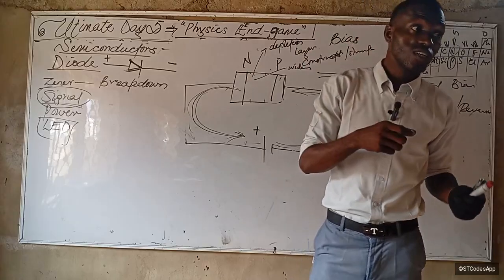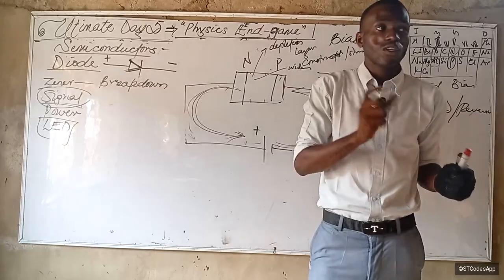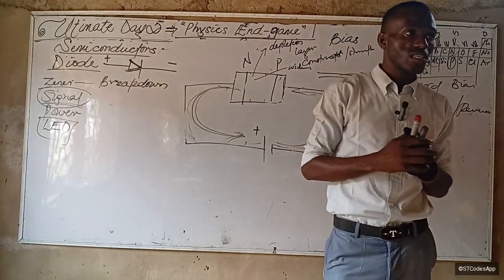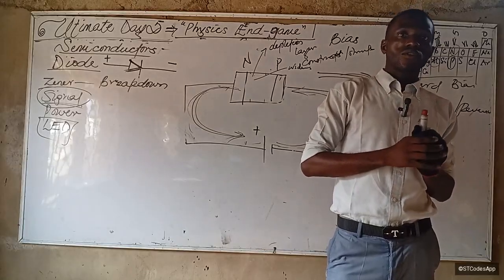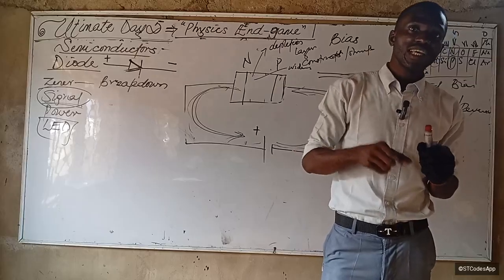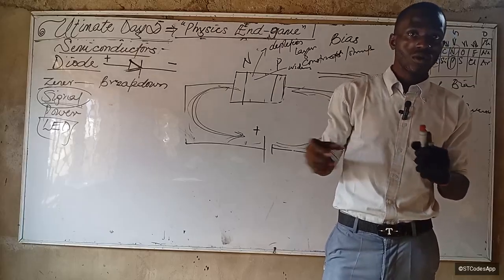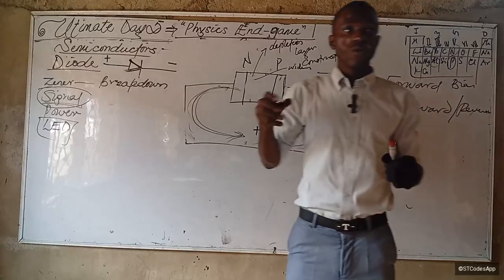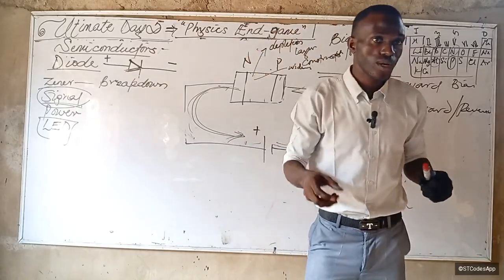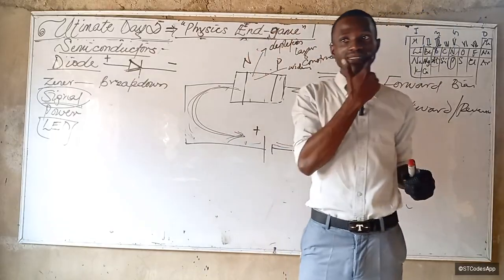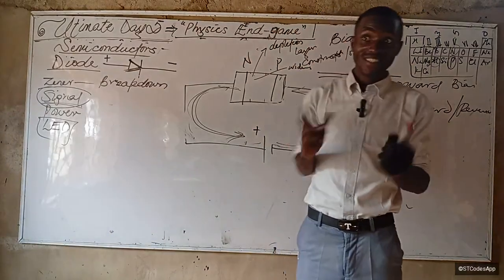You remove the what used to be in an AC generator. Is it split or slip rings? So AC generator uses slip rings. When you change that slip ring to split ring, it will change it to what? DC.